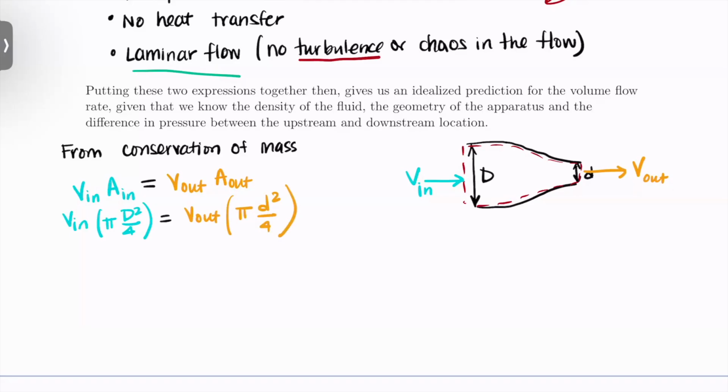Okay, cool. So we have a pi and a 1/4 that show up on both sides of this equation, so I'm going to divide through by those. And then I'm also going to write this as an expression for V out. So I can solve this equation for V out and say that it is just V in times uppercase D squared over lowercase d squared.